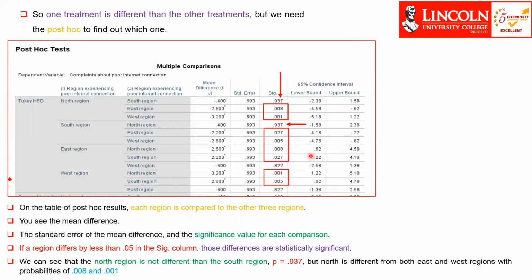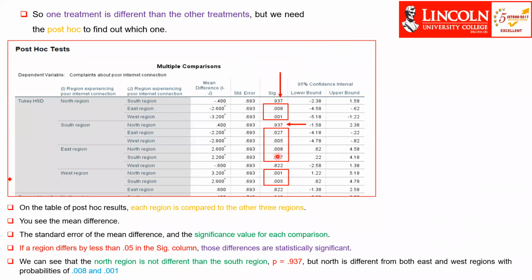But north is different from both east and west. Why? Because the value you are seeing here, your p-value here, is less than 0.05. If this value is less than 0.05, that means this particular region is different from these regions. But still, that is still not enough.